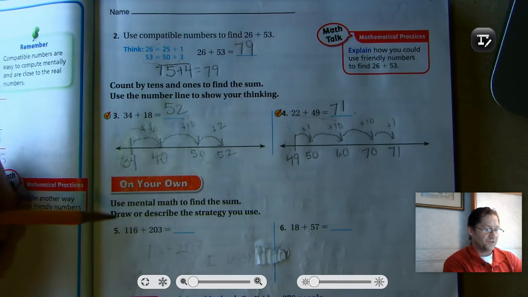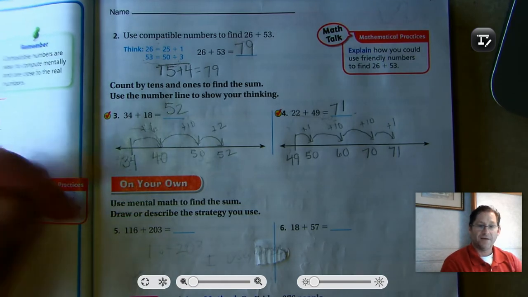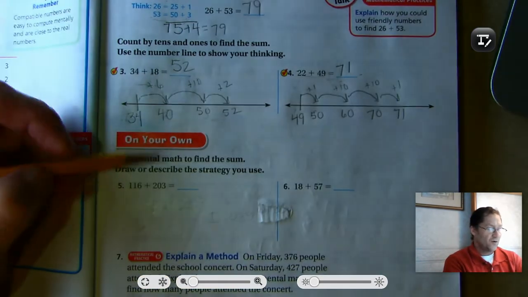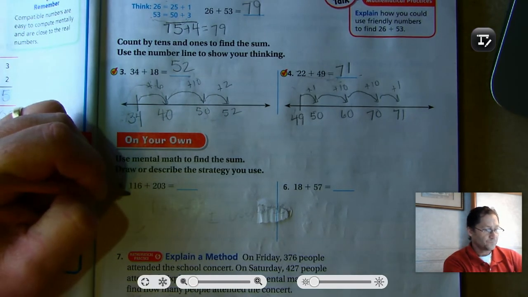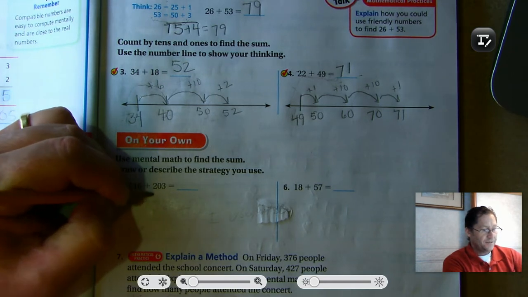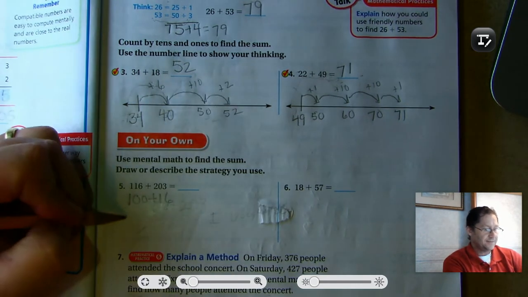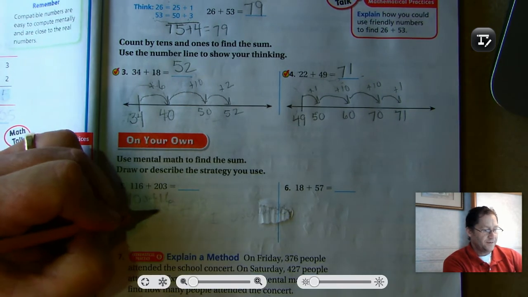Use mental math to find the sum. Draw or describe the strategy you use. 116 plus 103. Well, that could be 100 plus 16, 200 plus 3.